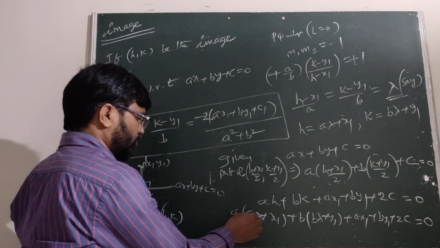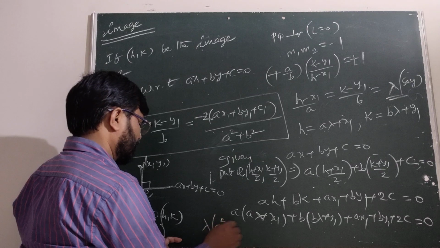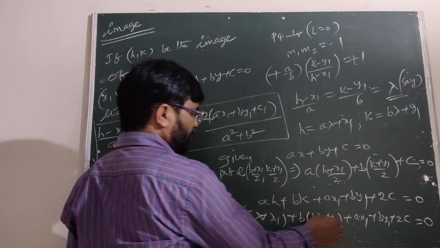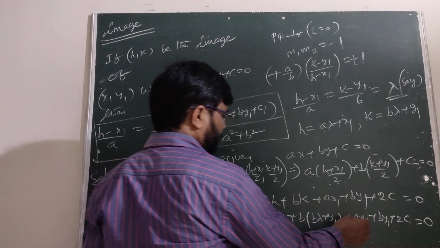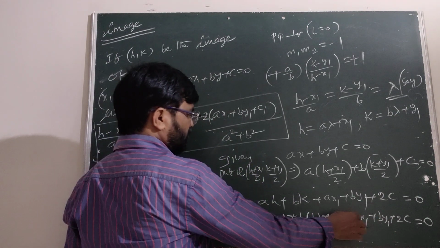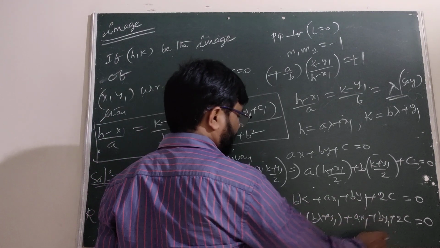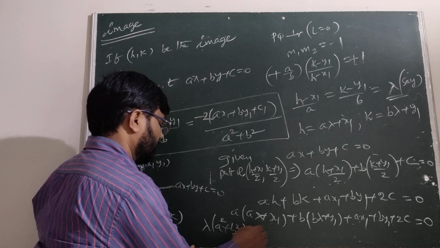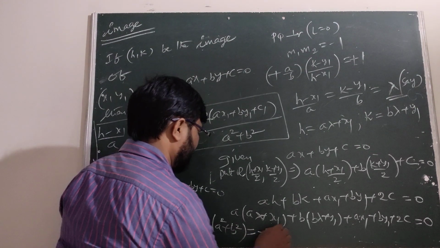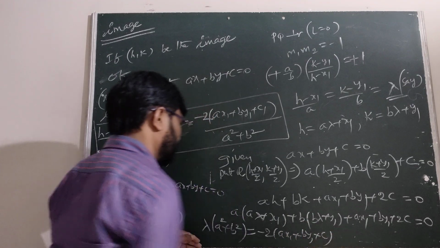Now this is a into a square, b into b square, lambda is common: (a square plus b square). This is ax1, this is by1. Therefore ax1 plus ax1 is 2ax1, by1 plus by1 is 2by1, and there is 2c. Now 2 is common, and it goes to the other side: minus 2 into (ax1 plus by1 plus c).